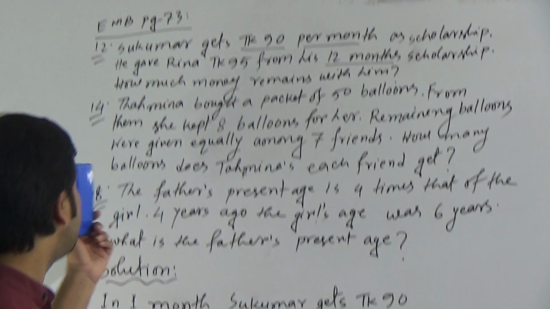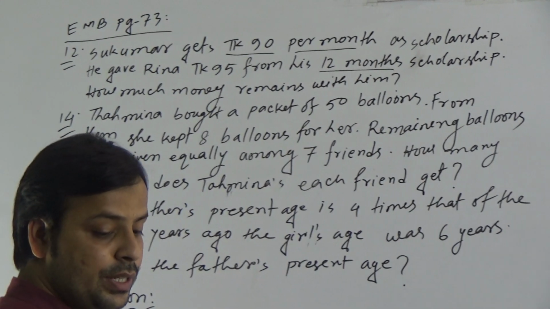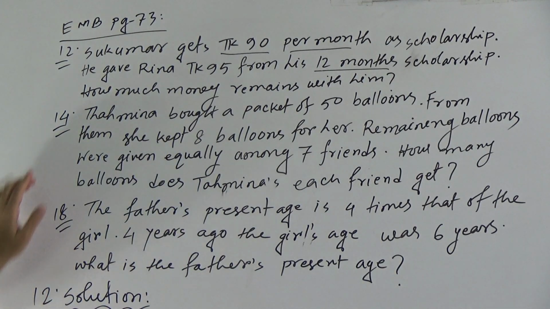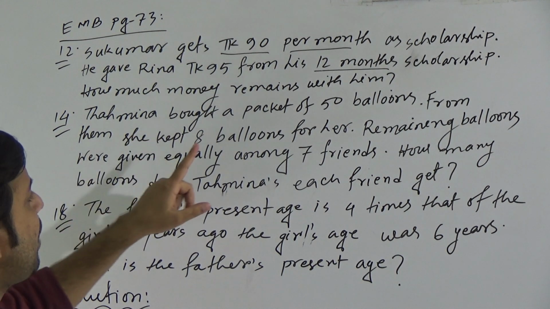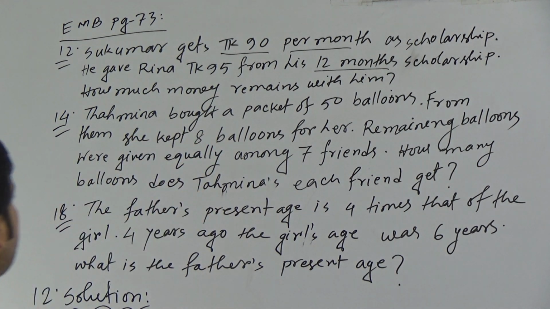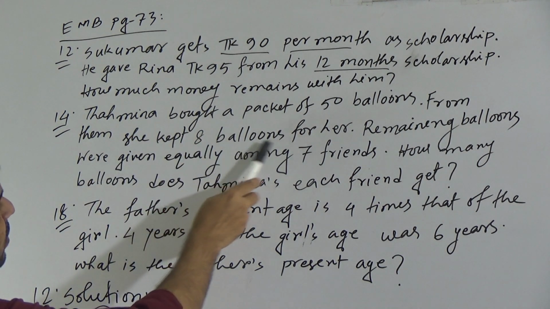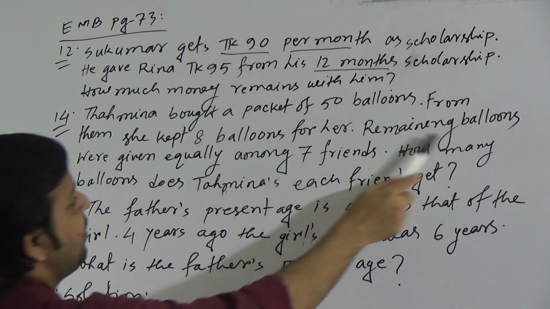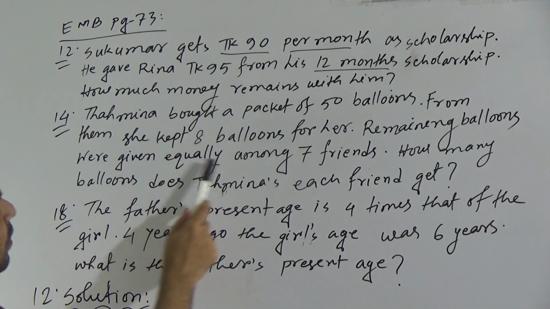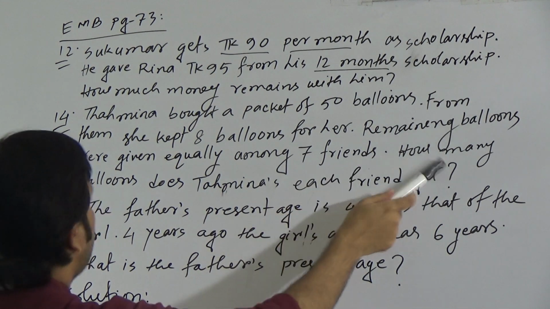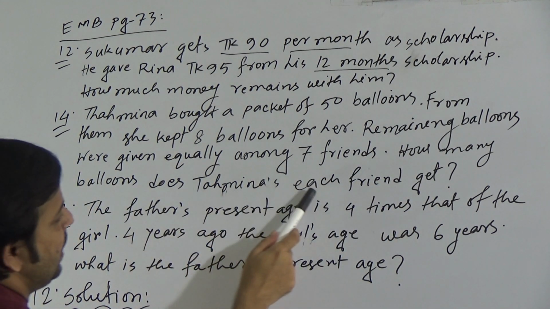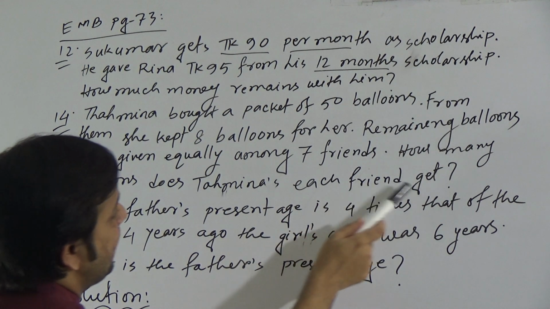Okay, dear students, now I will solve question 14. What is question 14? Tahmina bought a packet of 50 balloons. From them, she kept 8 balloons for her. Remaining balloons were given equally among 7 friends. How many balloons does each friend of Tahmina get?